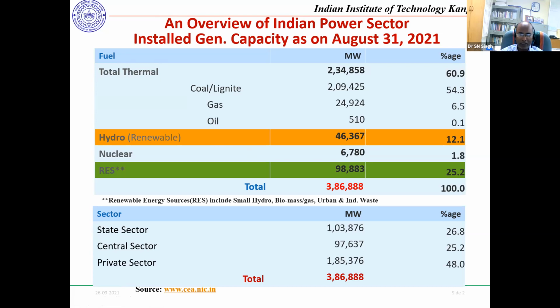Nuclear, as you know, we have been sticking around this for many years. Earlier it was 4,800, now we have 6,700. It was expected at one time, when we had the 123 agreement with the US, that nuclear power would go up to 20 gigawatt. Now we have not reached that, because people don't want nuclear power. We had a very bad time with the Chernobyl case, and also in Japan.